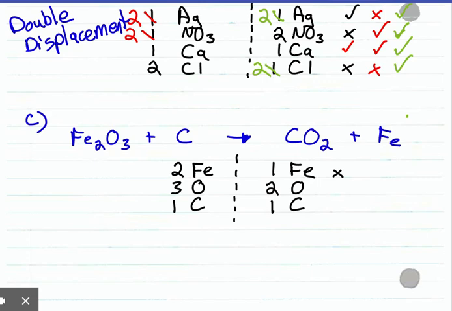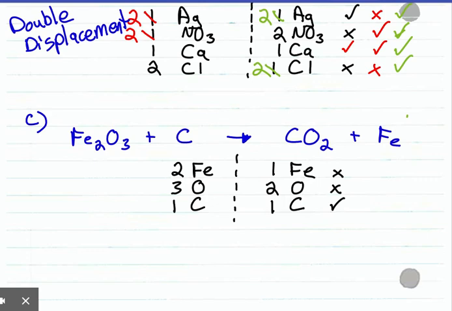And then we're just going to have to rebalance our iron. Now, if you balance the iron first, you would just have to go and rebalance it later. It doesn't really matter. It's just an extra step.